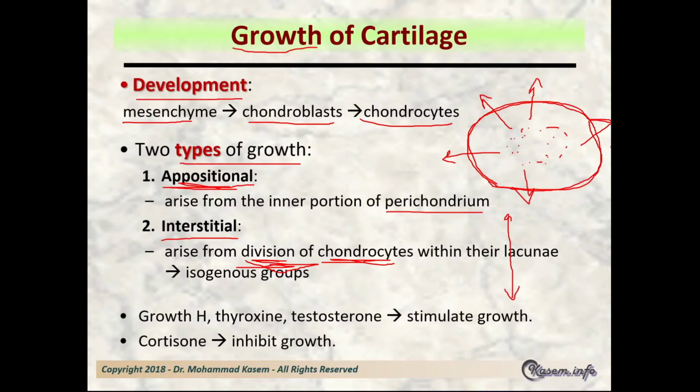However, the interstitial type of growth helps the cartilage to grow in length more than in diameter. The growth of cartilage is stimulated by growth hormone like other tissues, thyroxine, and testosterone as well, while corticosteroids inhibit the growth of cartilage.